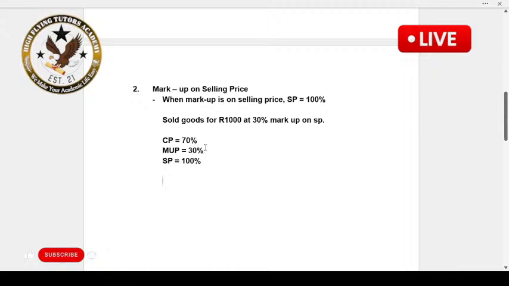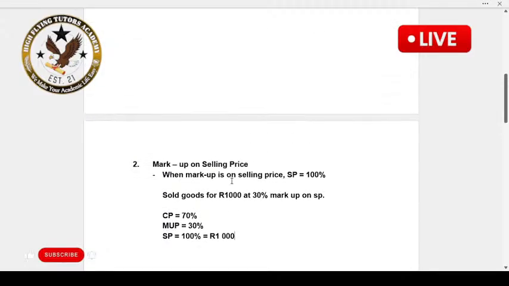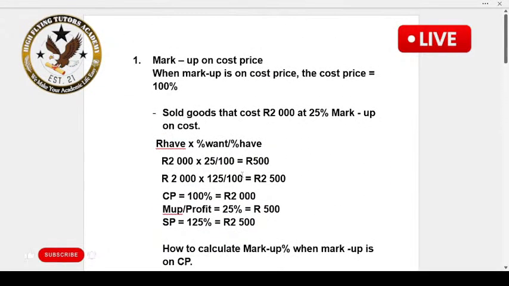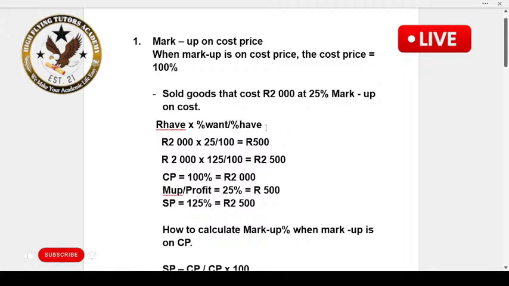And now in this case, they say you sold goods for 1,000 at 30% markup on selling price, right? So it means this 1,000 is equal to your selling price, which is 100%. Okay, so now remember, nothing changes. Our formula up there, the one we used with the rand value I have, I'm just going to copy it because we are going to apply it even on the markup on selling.